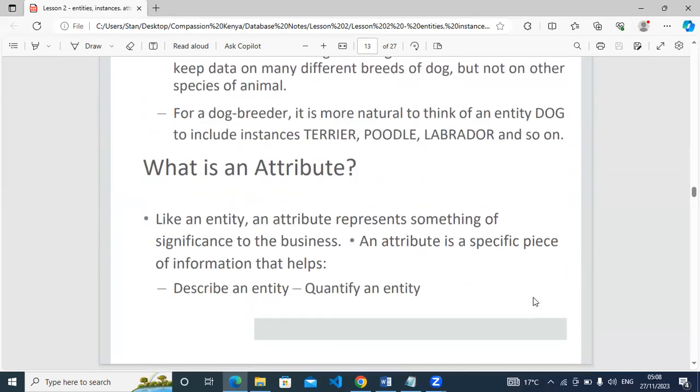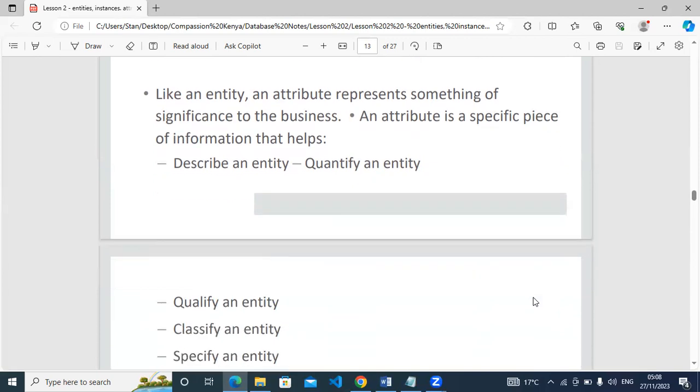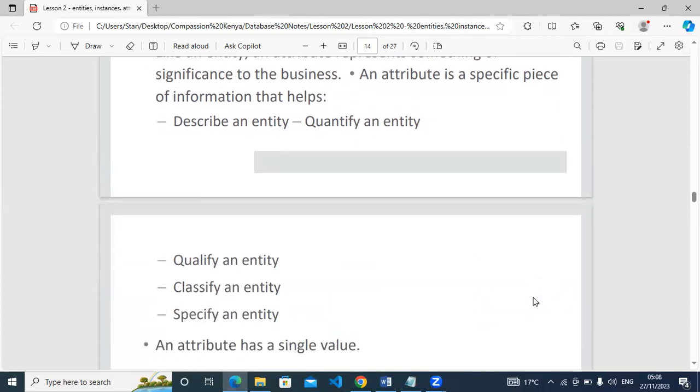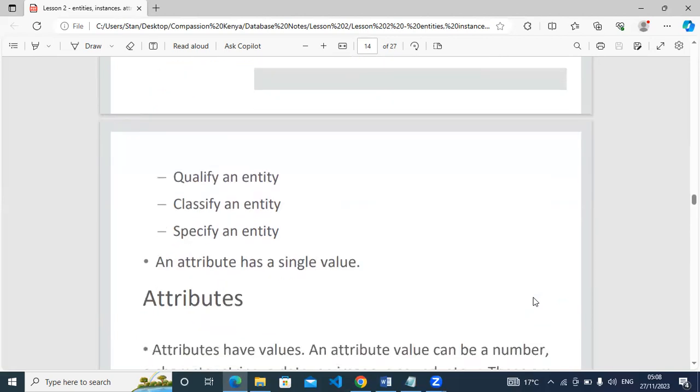Having understood what an instance and an entity are, what is an attribute? Like an entity, attributes represent something of significance to a business. An attribute is a specific piece of information that can assist in describing an entity, the quantity of an entity, or can qualify, classify, or specify an entity.